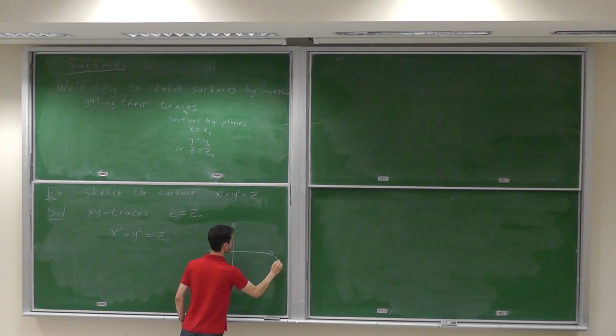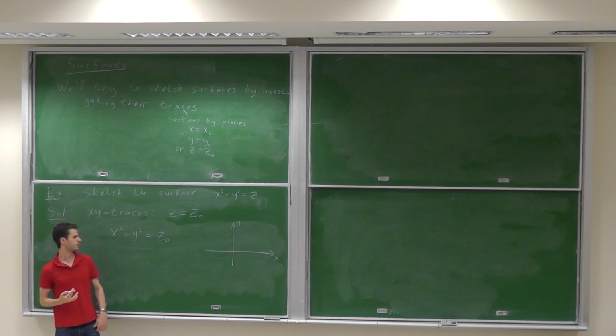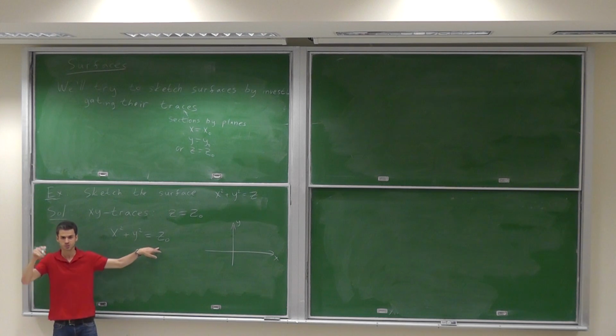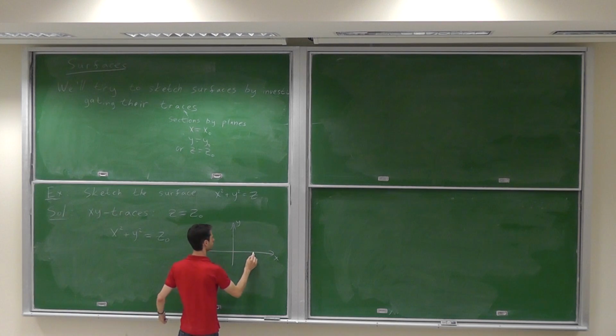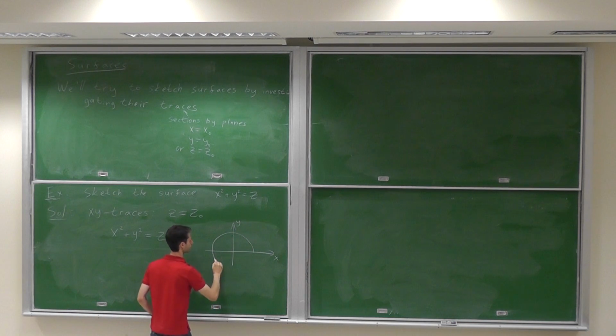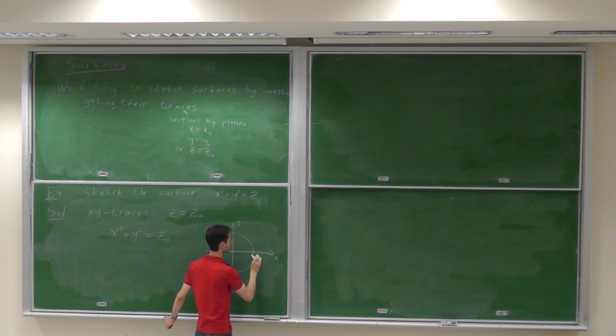Let's sketch it. x, y. Yeah, a circle. A circle of radius square root of z0.